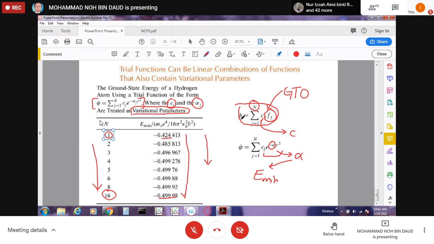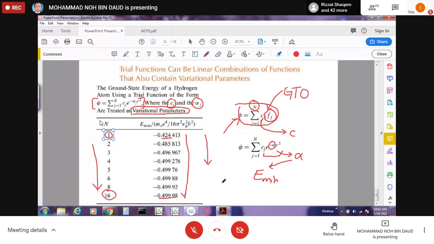Also the transition moment is very important if you want to determine whether the transition is allowed or forbidden. To find all these quantities, you must find the best form of these orbitals or trial functions.